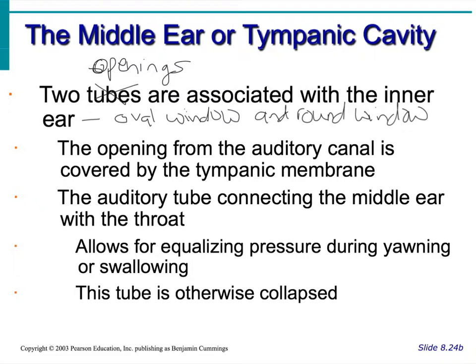What this line here is saying is that the pathway from the external ear to your middle ear is covered by your tympanic membrane. Where air does enter and exit is through the auditory tube, which you can see in your picture. And the auditory tube is how you equalize pressure.